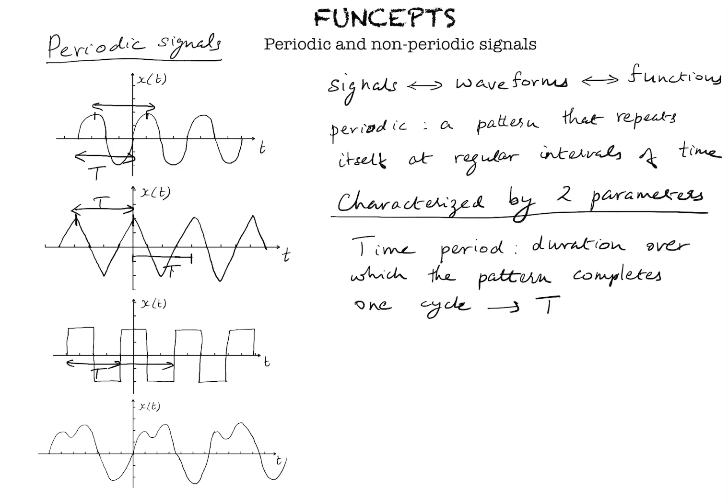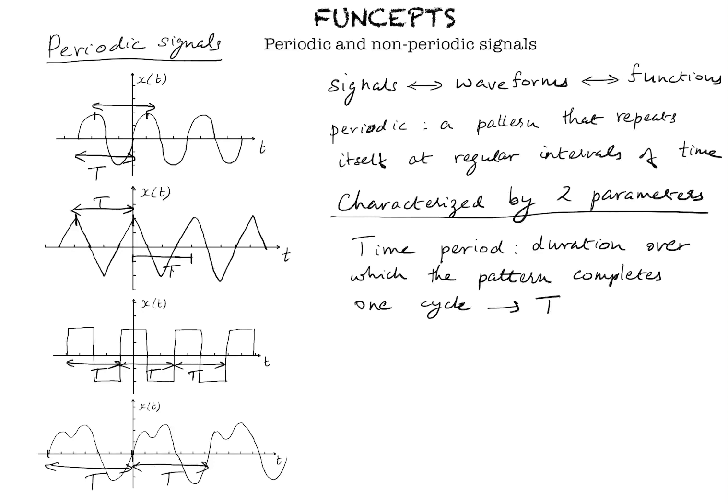So that's the second period, and that's the third period, and so on. And for the last waveform, we could have the period starting from here and ending here. So that's one period, and after that the same pattern repeats. So that's the second cycle, and so on. So this duration over which the pattern completes one cycle is called the time period, denoted by the letter capital T.